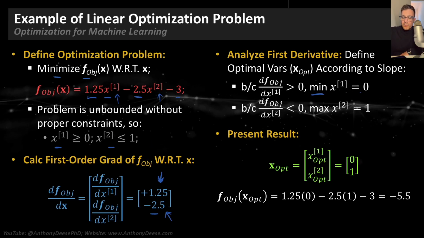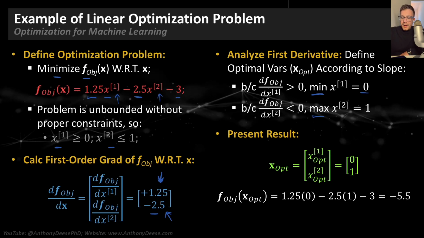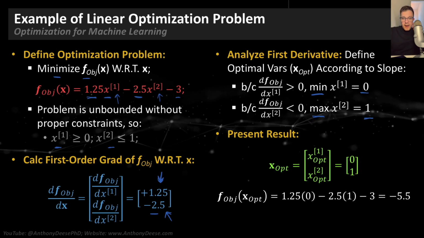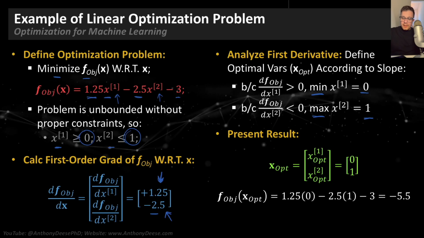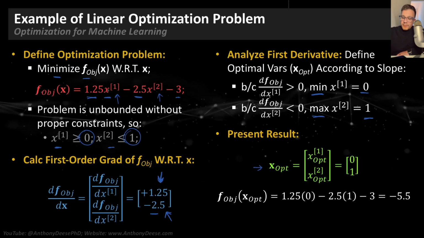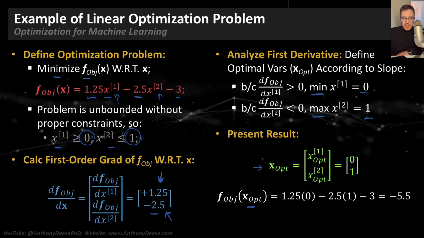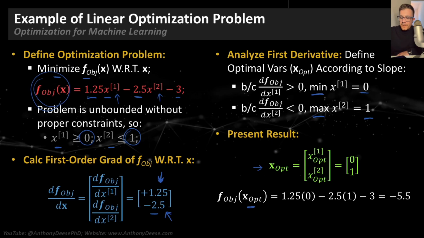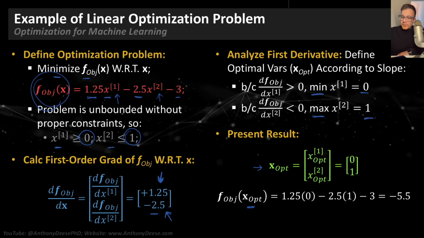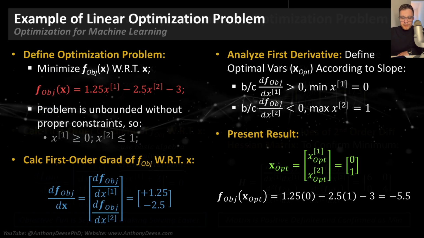So we minimize x1, driving it down to 0, and we maximize x2, driving it up to 1, as defined here and here. We then present the result. Our optimal solution is 0 and 1, and we can plug that optimal value into the objective function to yield the minimum cost, which is negative 5.5.